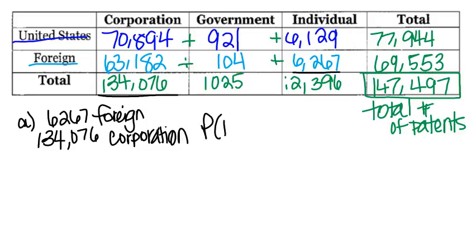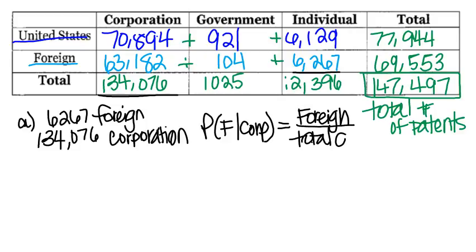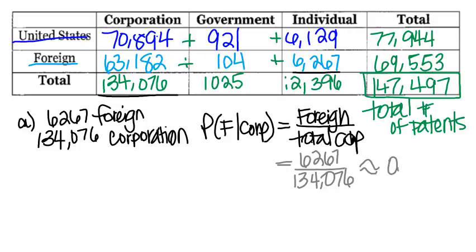The probability of that is going to be the number of foreign patents over the total corporation, which is 6,267 over 134,076. You can approximate that in your calculator. I think it's about 0.47 or 47%.